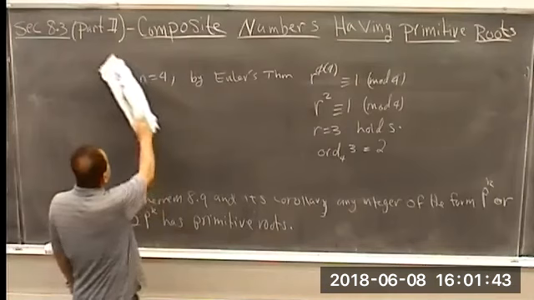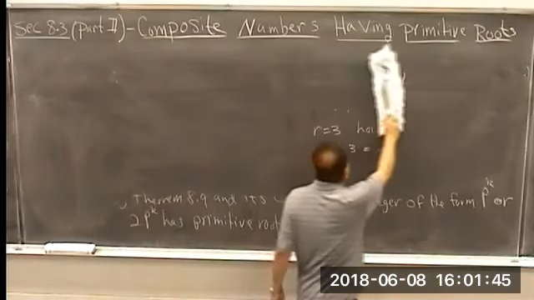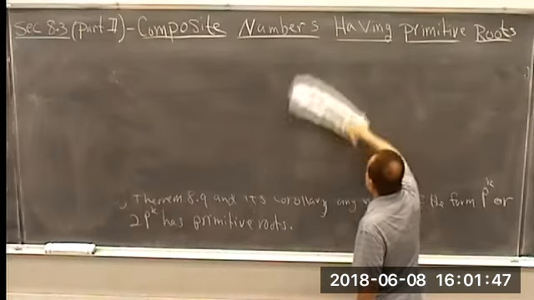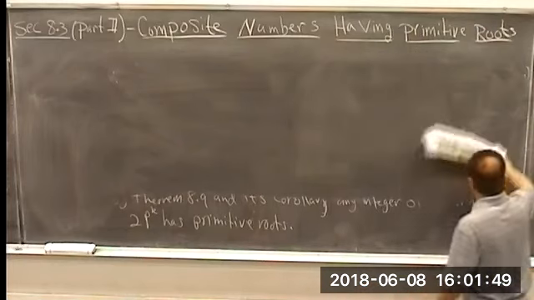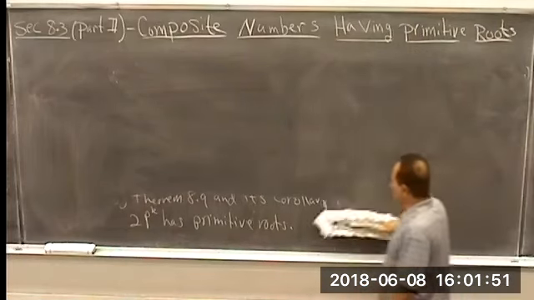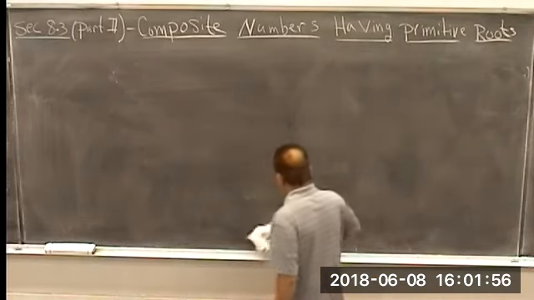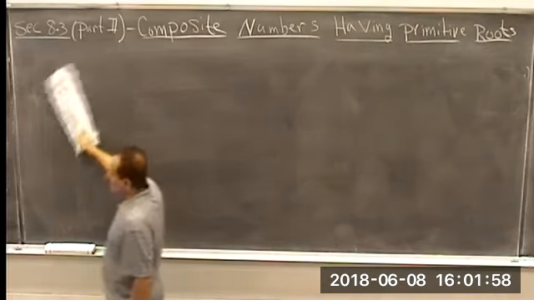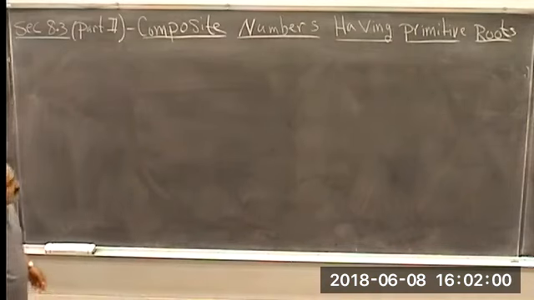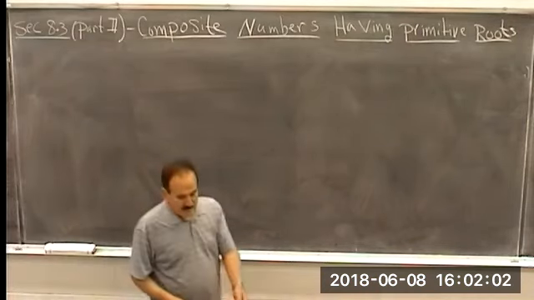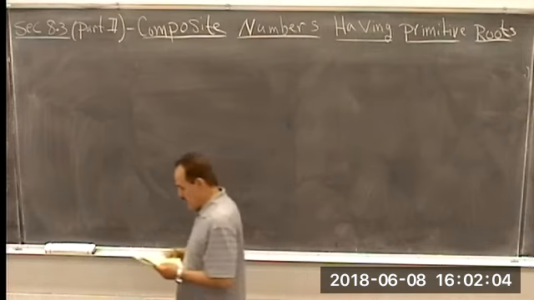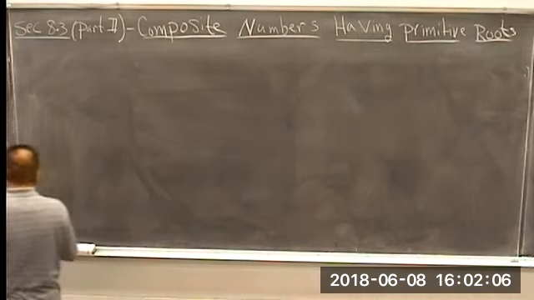Now the other forms of integers don't have primitive roots. And if we look at what these are, by theorem 8.6, we know that any power of 2 bigger than or equal to 3 does not have a primitive root.